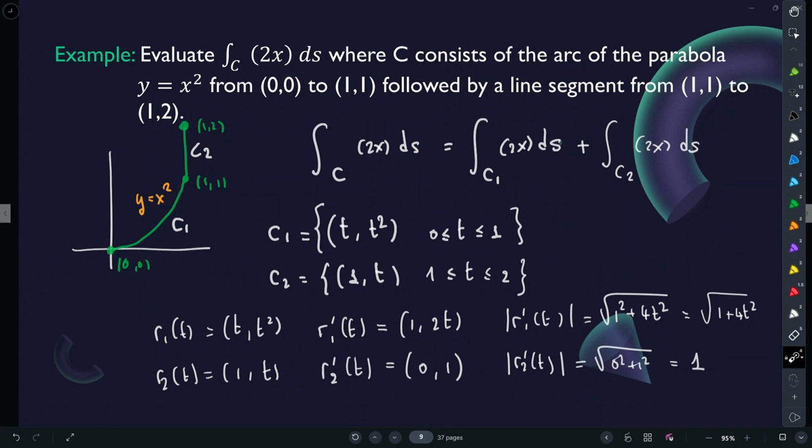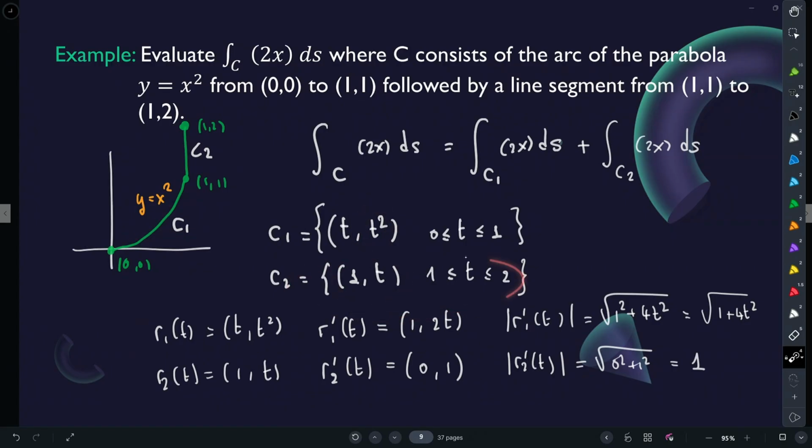So if I parameterize the x coordinate, the y coordinate is given by x squared. I'm starting with a parameterization of the x coordinate. I go from 0, 0 to 1, 1, so x is going from 0 to 1, and then the y coordinate for each one of those has to be t squared.